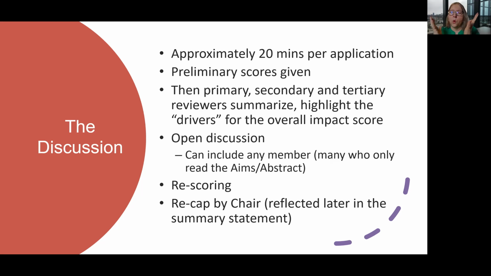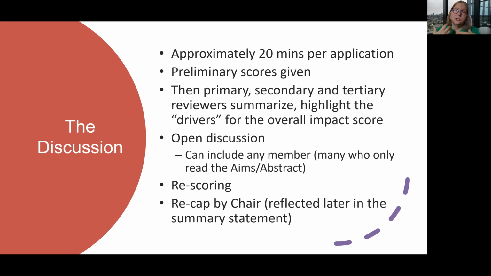If they're very wide-ranging in their initial enthusiasm, the chair knows that they need to spend a little more time to try to understand those differences. Each of the reviewers provides a very brief summary of their impression of the grant, really emphasizing the drivers, what drove their level of enthusiasm or not.